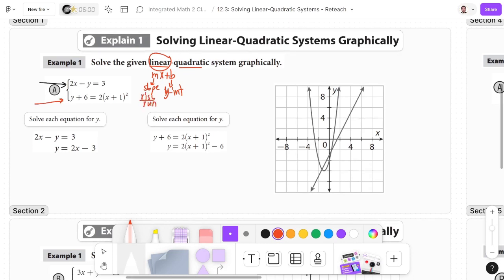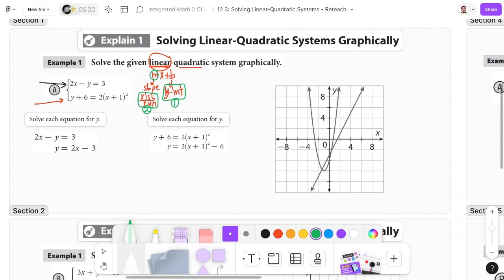So when we start graphing the linear equation, number one, we plot the y-intercept. Then we take the slope, which is m, rise over 1. We go up or down depending on the sign. If it's positive, we go up. If it's negative, we go down. Run, we always go to the right.